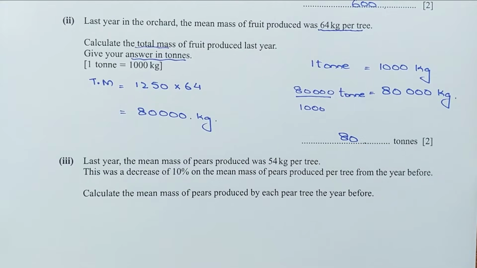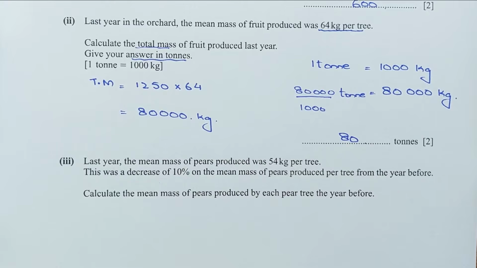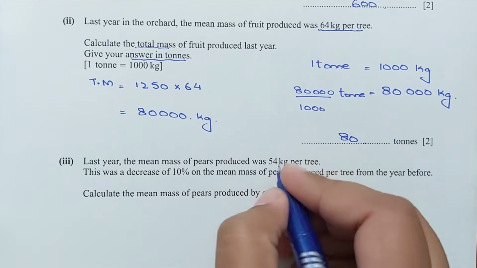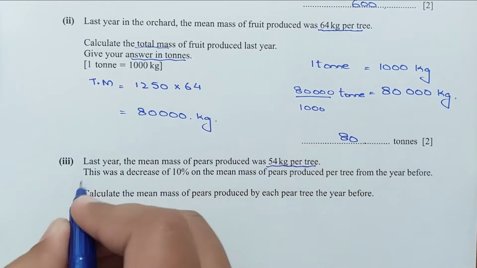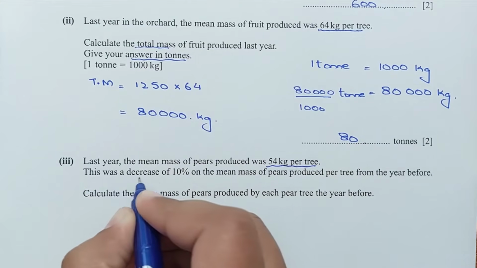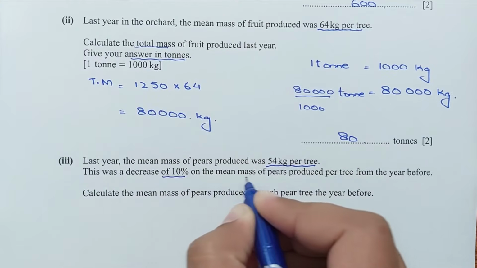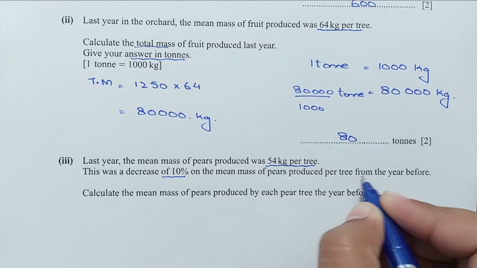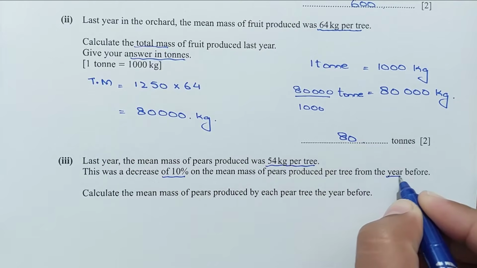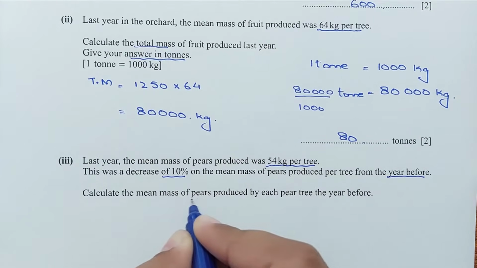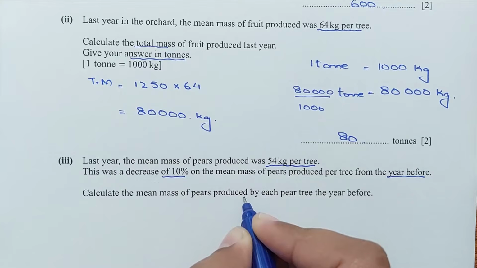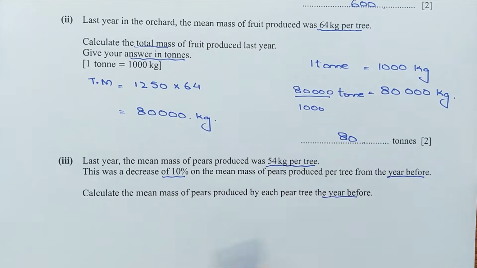Right, now for part 3. Last year the mean mass of pear produce was 84 kilograms per tree. This was a decrease of 10% on the mean mass of pear produce per tree from the year before. Calculate the mean mass of pear produced by each pear tree the year before.